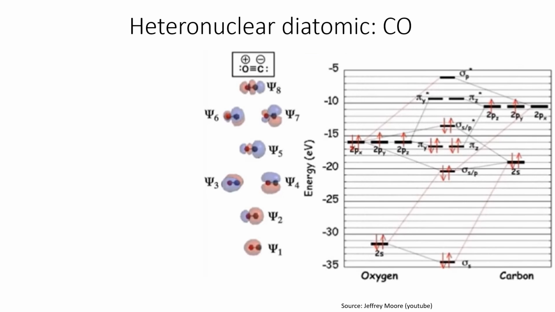You can see that the lowest orbital, sigma s, really involves the oxygen 2s bonding with the carbon 2s. Likewise, the very top orbital, that sigma star orbital, involves the oxygen 2px combining with a carbon 2px.